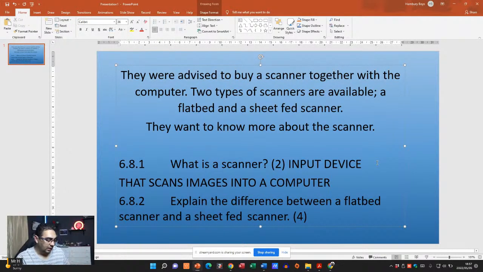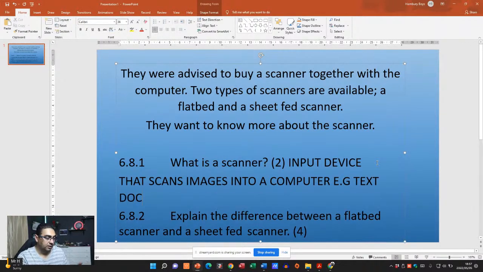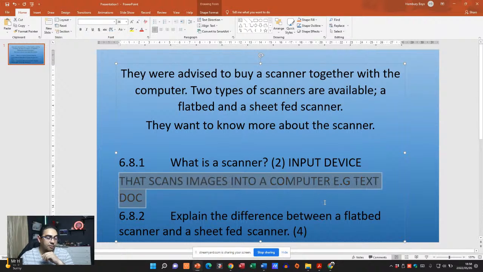You can give an example like a text document, or anything like that. But that would be 100%, right? That would be fine because I'm getting my 1 mark from the input device over here, and I'm getting my 2nd mark from the rest of the answer over here.